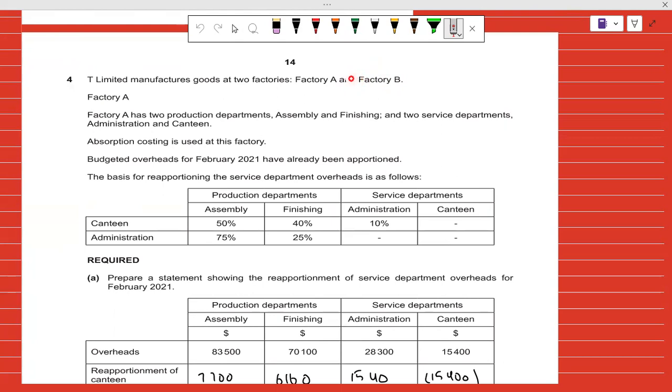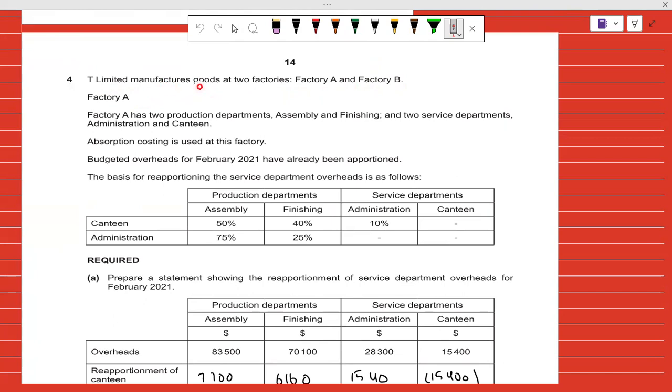And of course, there are also other costing topics like inventory valuation, which has methods such as FIFO and AVCO, which is the average weighted costing method. But this time we are going to discuss absorption costing and marginal costing.